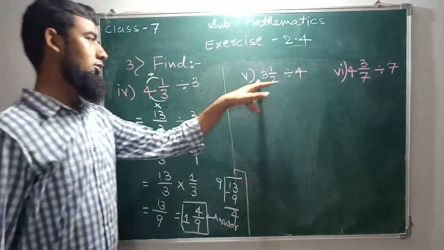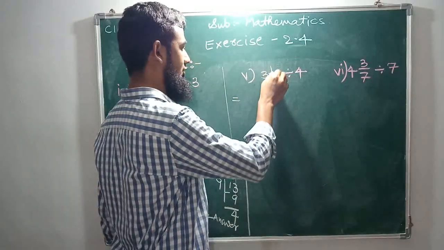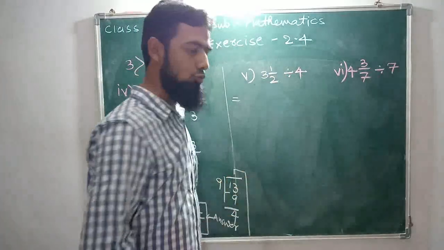Now we will move on. Question number 5: 3 integer 1 upon 2 divided by 4. What do we have to do first?